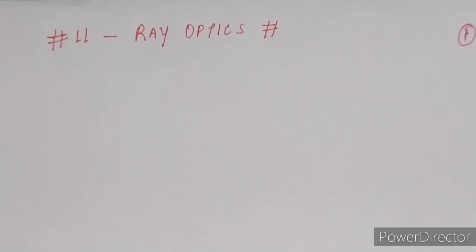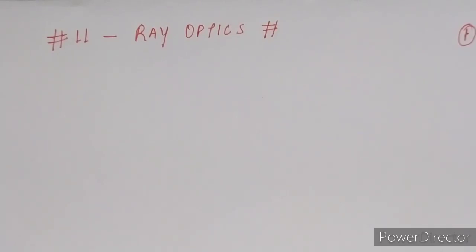Now the second part has 7 chapters. Chapter number 11 and chapter number 12 are about optics, that is ray optics and wave optics. Afterwards the dual nature of light, wave and matter, then atomic physics, nuclear physics, semiconductors and electronics, and last but not the least, communication and electromagnetic waves.